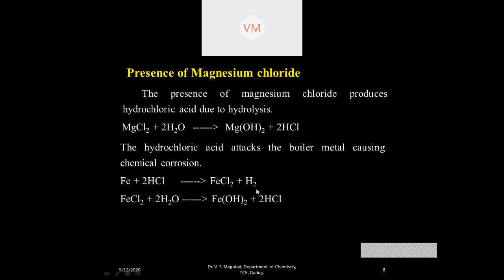This iron chloride further undergoes hydrolysis to form iron hydroxide. Okay, this iron hydroxide further undergoes oxidation to form iron oxide. So one thing you notice here that HCl, once it attacked on the steel, it has regenerated again.